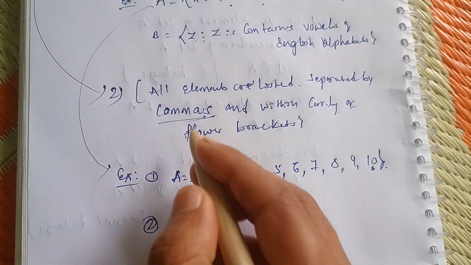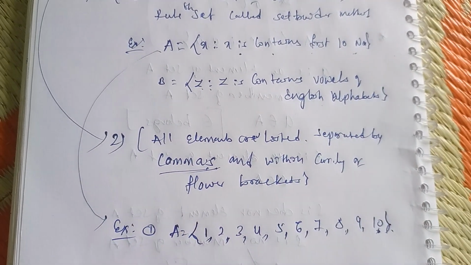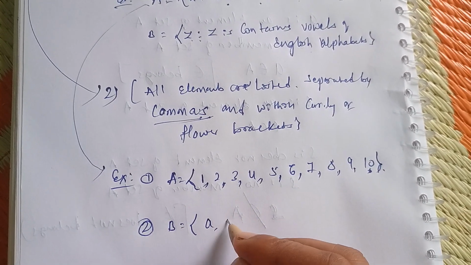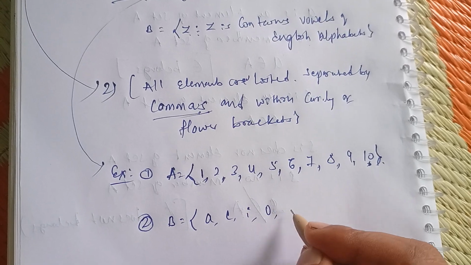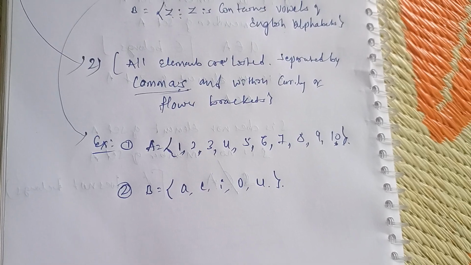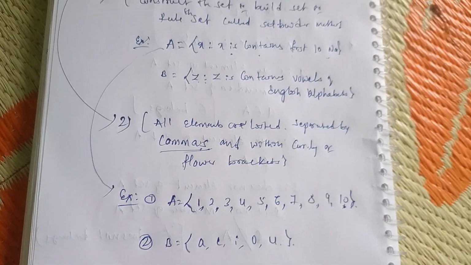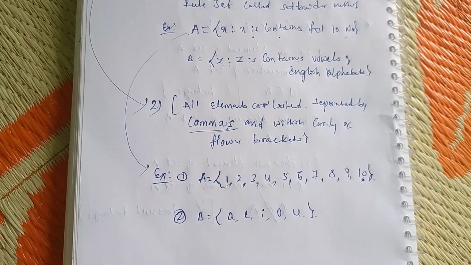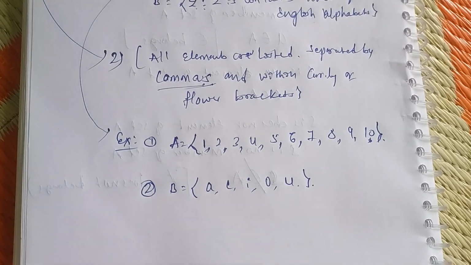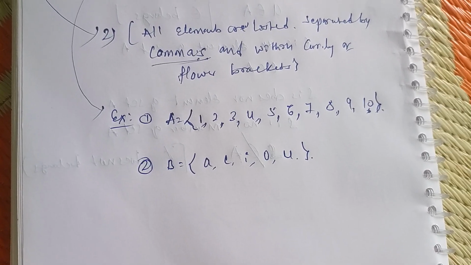Second example: x contains vowels of English alphabets, so B equal to a, e, i, o, u. This type of representing is called the roster or tabular method. Understood, students, how to write roster or set builder method?